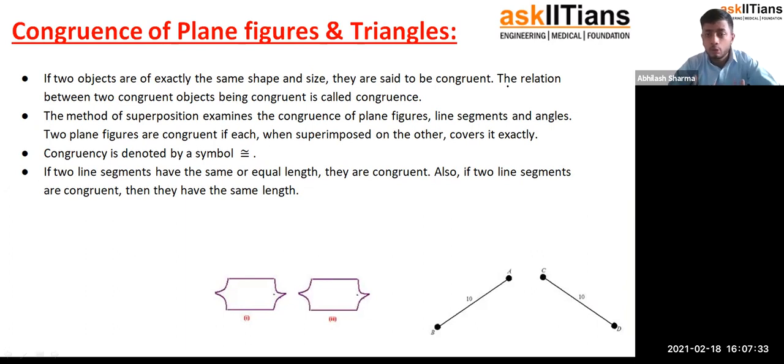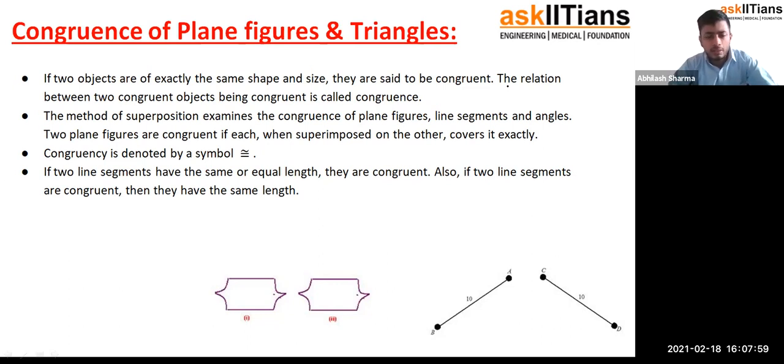So that's what we call congruence, as simple as that. The method of superposition examines the congruence of plane figures, line segments, and angles. Two plane figures are congruent if each, when superimposed on the other, covers it exactly. Very important. We will also look at this in the next slide.